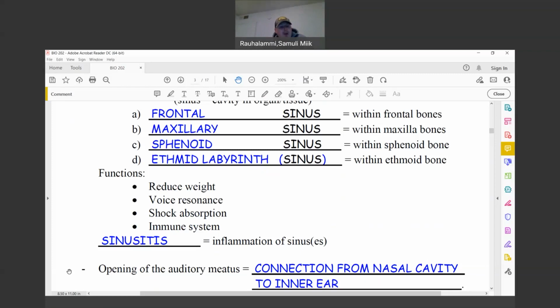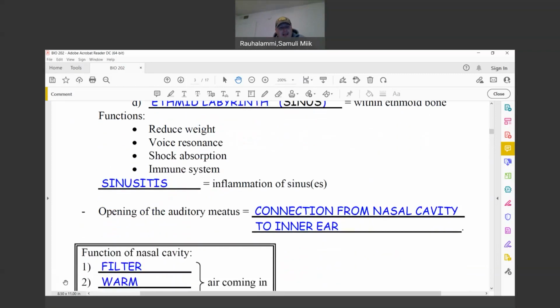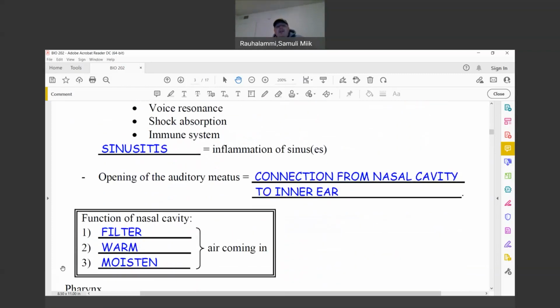So now that we've looked at all of these things, I think it's a good time for us to remind ourselves of the three main functions of the nasal cavity. Of course, it was to clear the air that's coming in. We want to remove any particles that would be an issue if we breathe them down into the respiratory tree and lungs. We also want to heat up the air that's going to go to the lungs and to the smallest structures, the alveoli there.